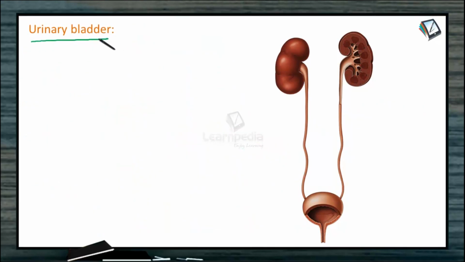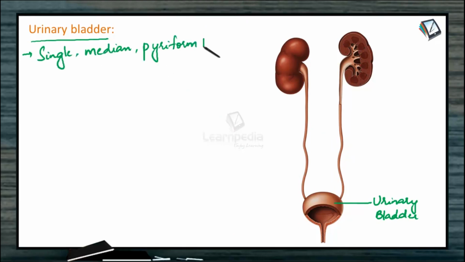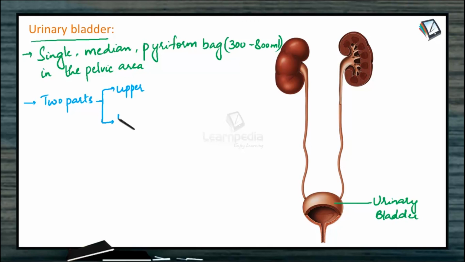Urinary bladder. This is the urinary bladder. It is a single, median, pyriform bag, so the bladder has a pyriform shape in the pelvic area. This bag has a capacity of 300 to 800 ml. It has two parts, upper and lower. The upper body has two openings of the ureters.